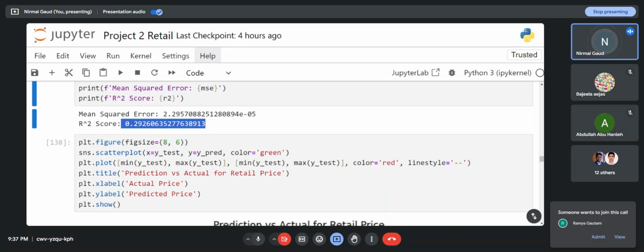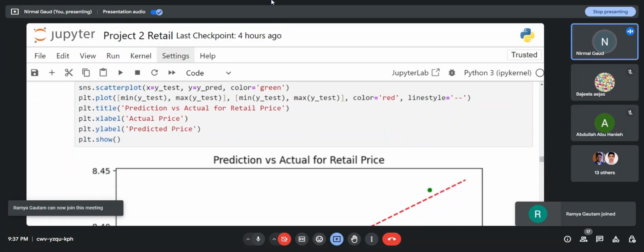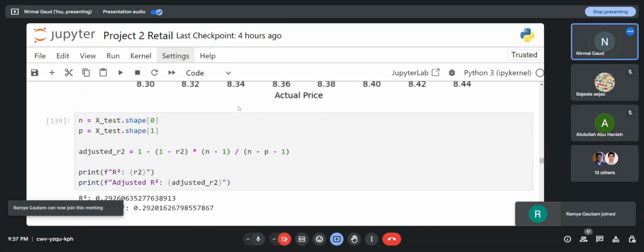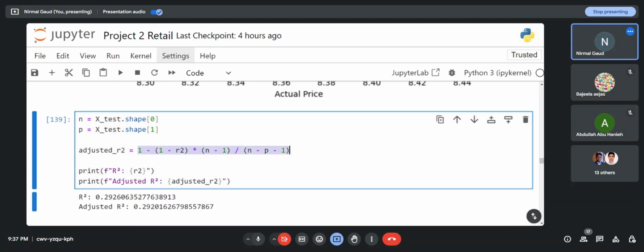Then a question arises related to adjusted R2, that is, can we adjust the R2 score. This is the formula for adjustment of the R2 score, where this is your shape: the number of rows in the X test, and this is the number of columns in the X test.